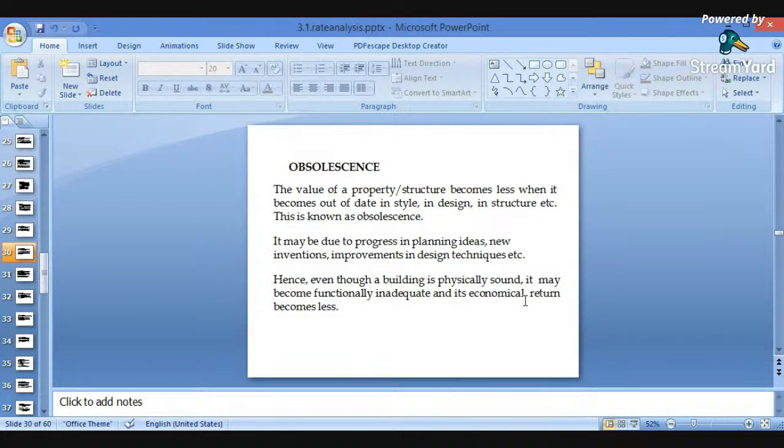Hence, even though a building is physically sound, it may become functionally inadequate, and its economical returns become less because the functioning is less.